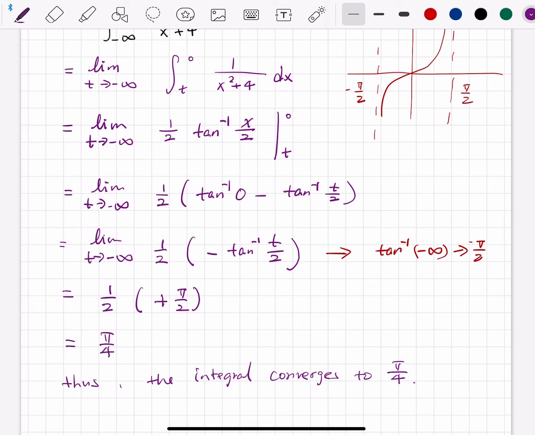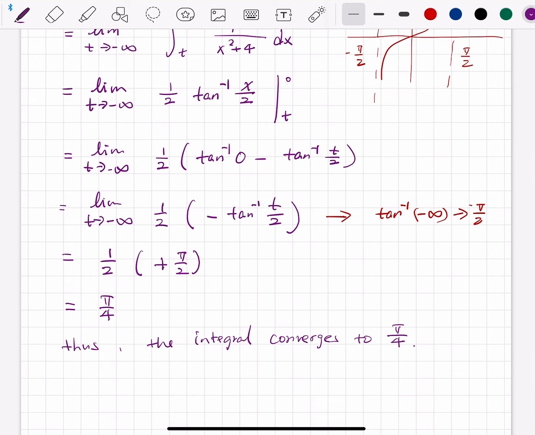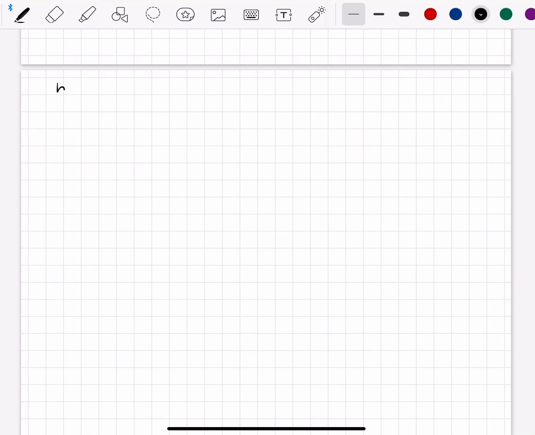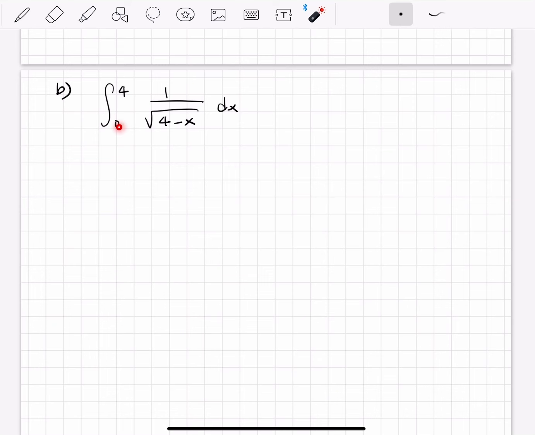Now let's look at another problem. Example 2 is the integral from 0 to 4 of 1 over the square root of 4 minus x dx. You probably noticed that this time we have actual numbers, 0 and 4, so it is not an improper integral.